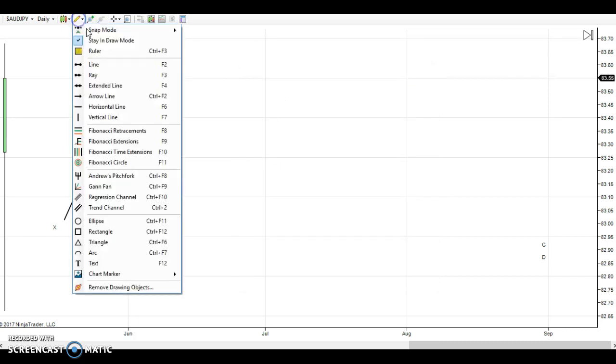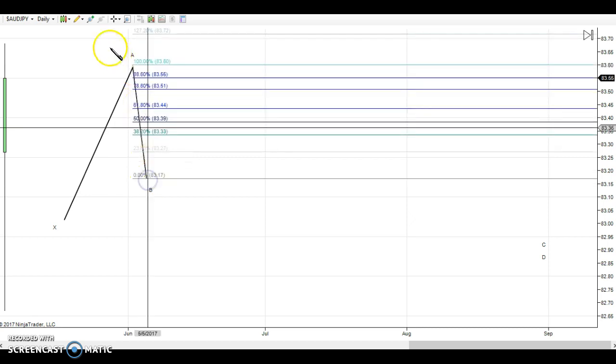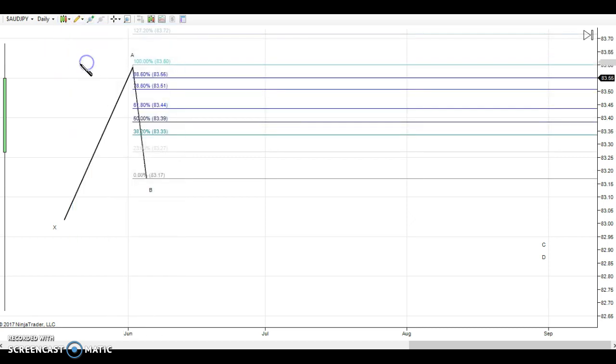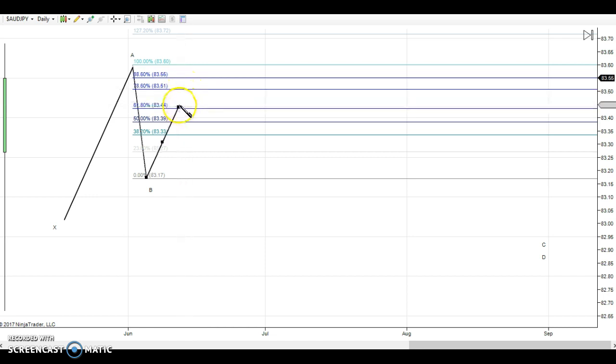So let's go grab our retracement tool, and we'll go A to B, and we want this to retrace somewhere past the 61.8, but do not want to touch the 88.6. So we'll go ahead and plot it just right here, and that is still a valid Gartley pattern.